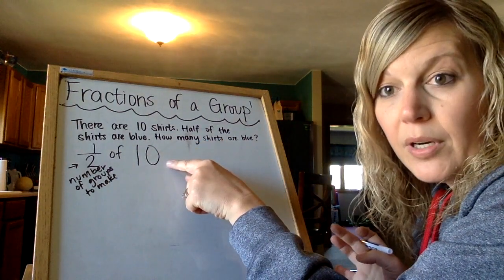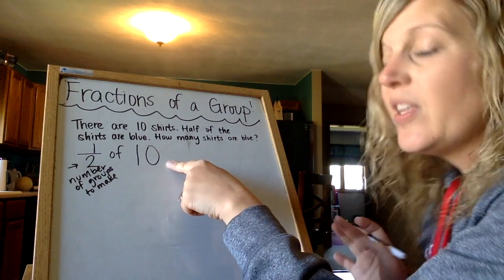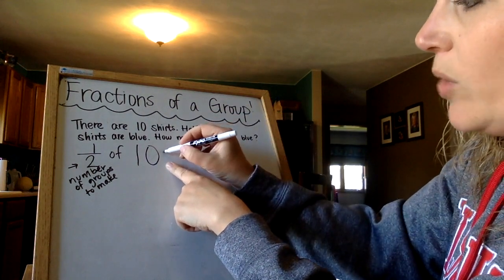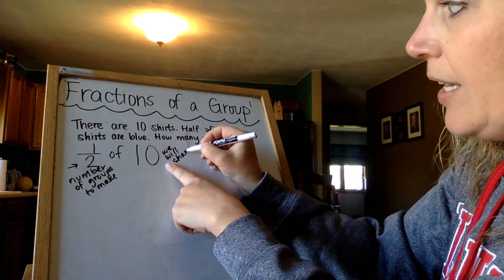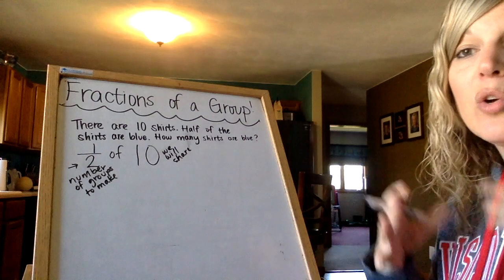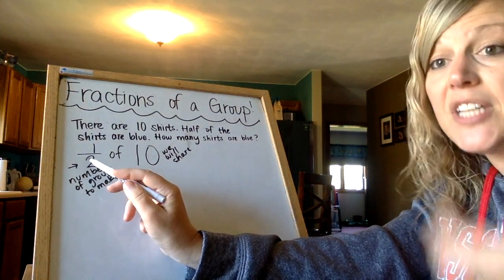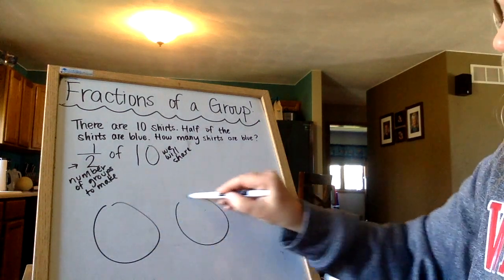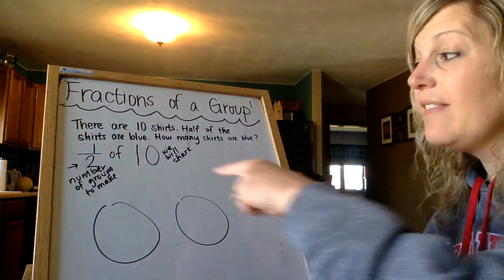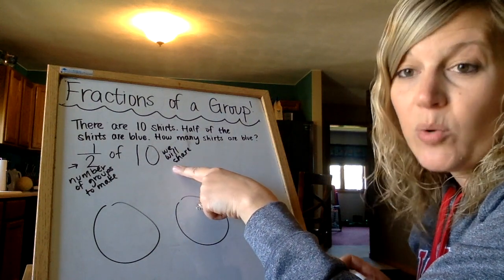Our whole number, that big number, is the number of shirts we have. So that's the number of things that we will share. We will share 10 things. So if I have paper, I would look at that denominator, and the denominator is 2. So I would draw 2 groups, and then I need to share 10 things equally between 2 groups.